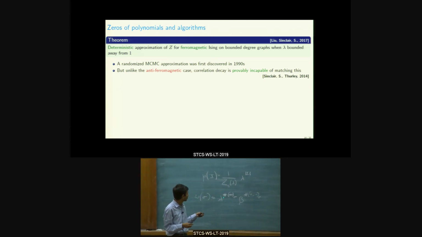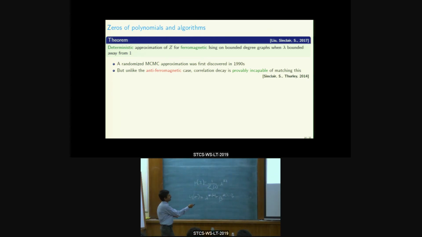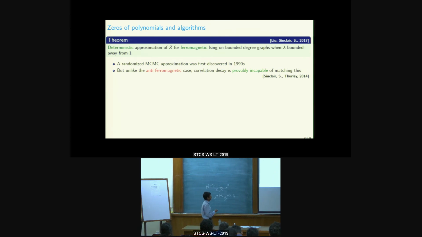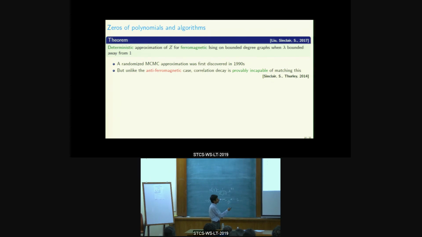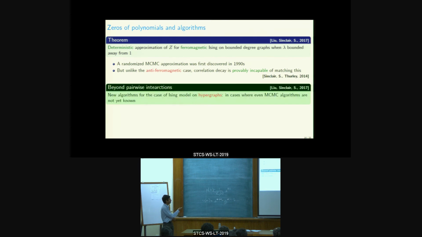So lambda equal to 1 basically corresponds to the case when plus and minus are completely symmetric in the distribution. And except for that case, as long as you are bounded away from that case, you can get a deterministic approximation. And as I said, correlation decay is sort of provably incapable, in fact, of matching this, but it's not as good as the MCMC based approximation.